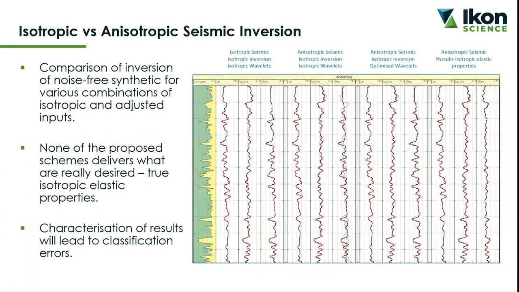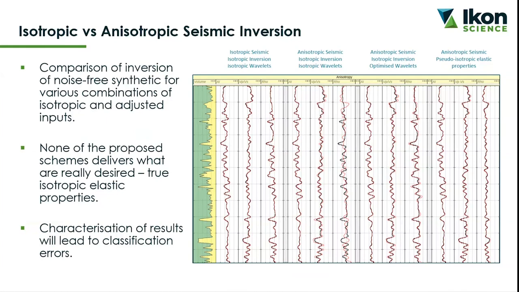What we've then done is to perform a comparison of the inversion algorithms, firstly using isotropic inversion and isotropic wavelets. Then we created an anisotropic synthetic. We use isotropic inversion and isotropic wavelets. Then we use anisotropic input seismic, an isotropic inversion algorithm, but wavelets which have been scaled to account for the contribution of anisotropy.